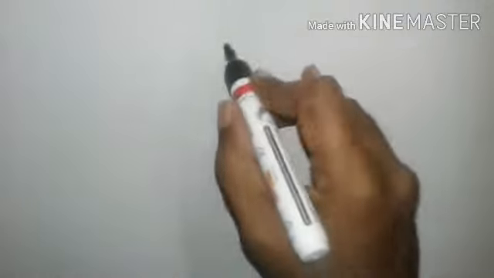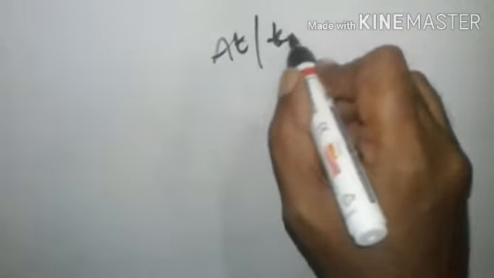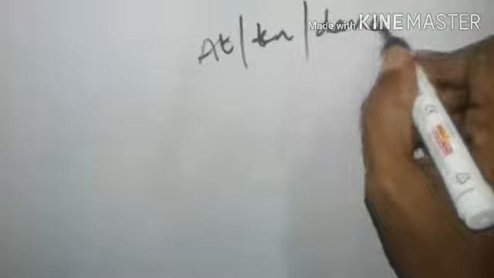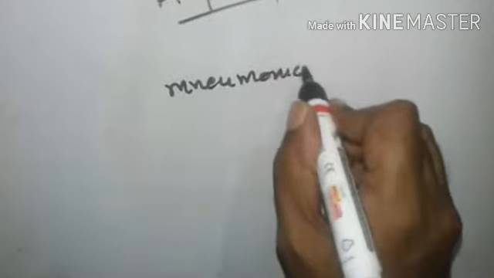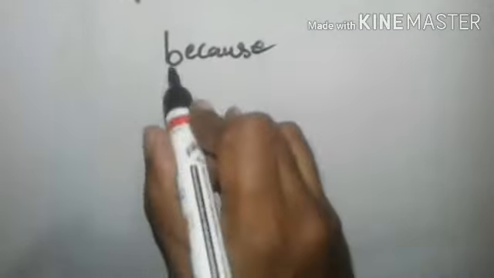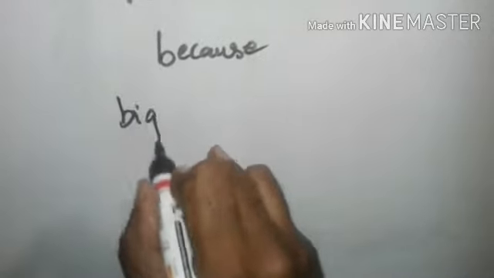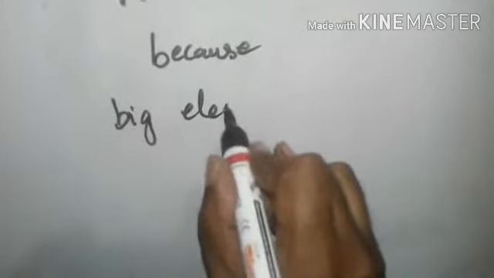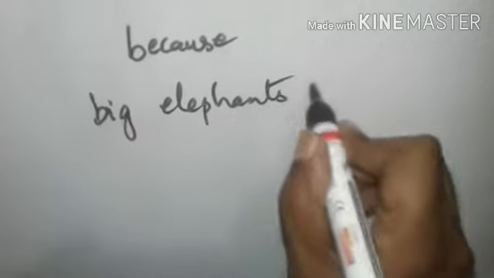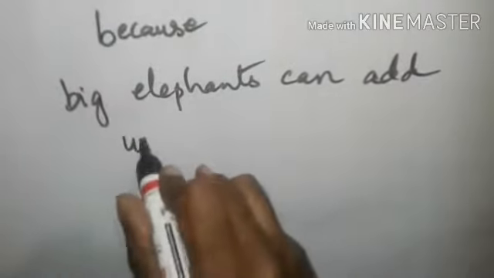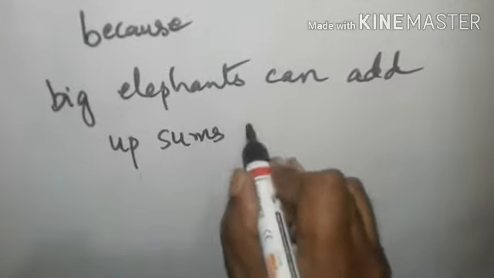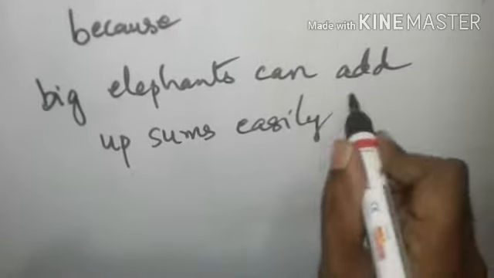Sometimes, breaking the words helps, like attendance: at, ten, dance, attendance. Or use mnemonics. What I mean is, to learn the spelling of the word because, you teach the students: big elephants can add up sums easily.